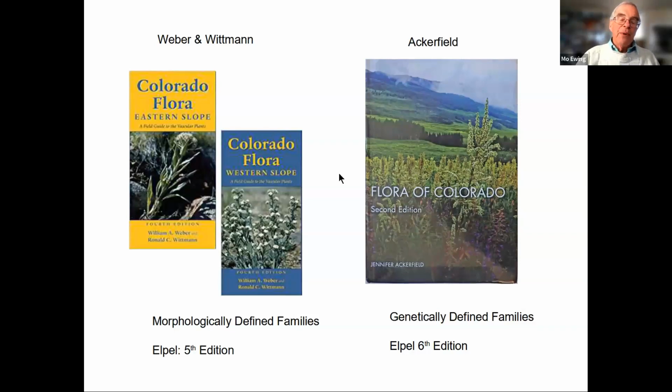Now, one of the big things that we're going to struggle with today is, in the last 20 years, people have been looking at the genetics of plant families. Before that, and that falls into the Weber and Whitman, Weber and Whitman didn't get into genetics.